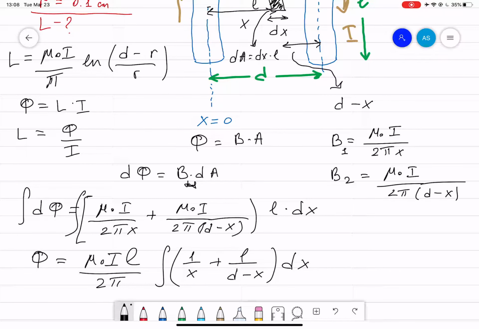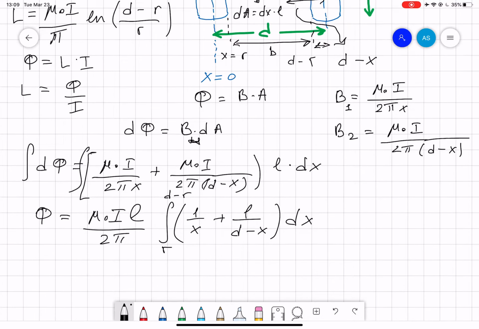When x is equal to r, the other distance will be d minus x, so d minus r, because if you sum them you get the distance between these two wires. So the limits are r to d minus r.